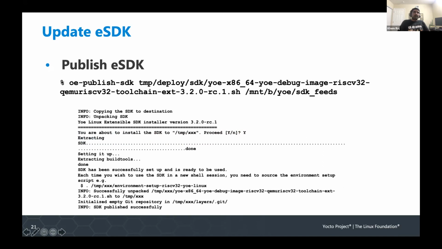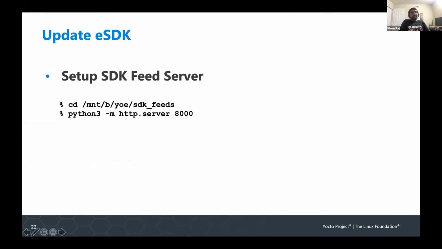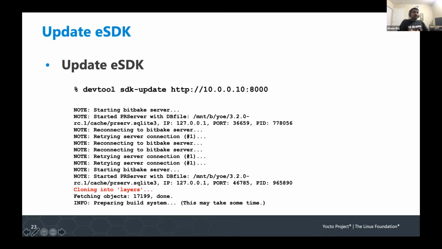Then you will have a feed server set up there, so it is accessible to the build machines which are running the SDK. They can then run an SDK update, and any update that you have pushed into the SDK feed area will get updated here.